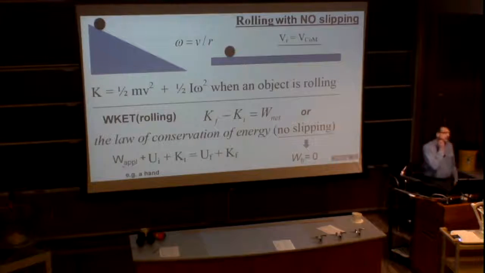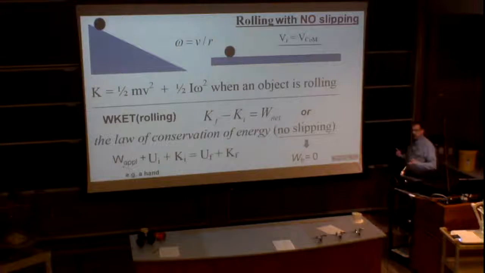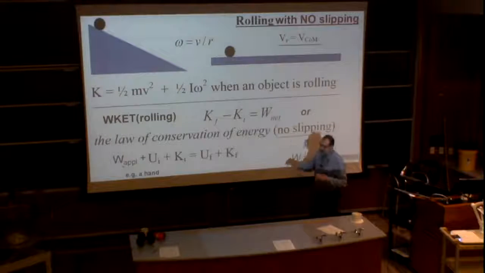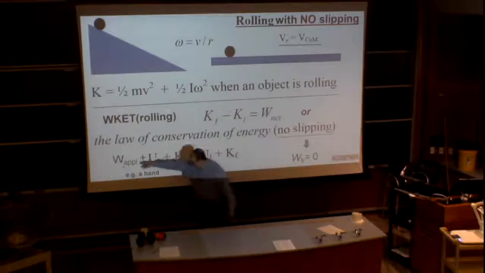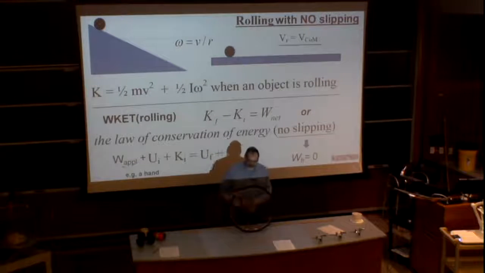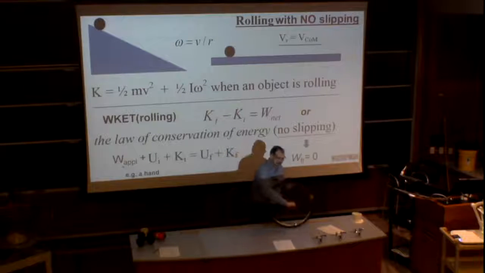So when an object rolls horizontally, down a ramp, or up the ramp, kinetic energy may remain constant or may change. And the easiest way to analyze what's happening is to apply the work-kinetic energy theorem. This equation in general has a term which might describe the force we are applying, like my hand pushes the handle.